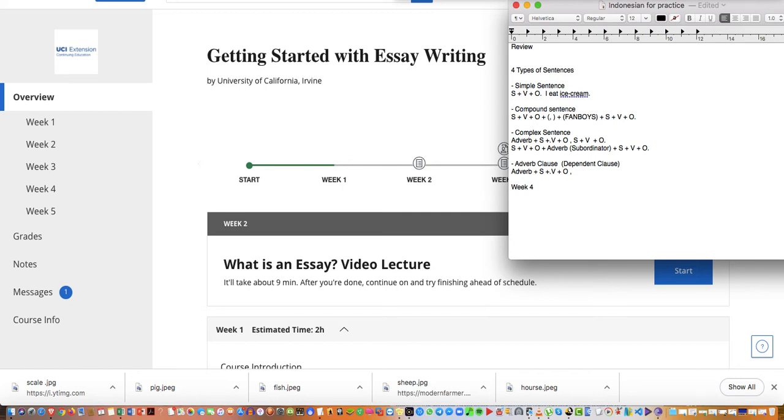A compound sentence involves 2 types of punctuation that we have covered so far. We use a comma; this is the first way of writing a compound sentence. We have a subject, like I eat ice cream, then you put a comma, and then you put a fanboy.